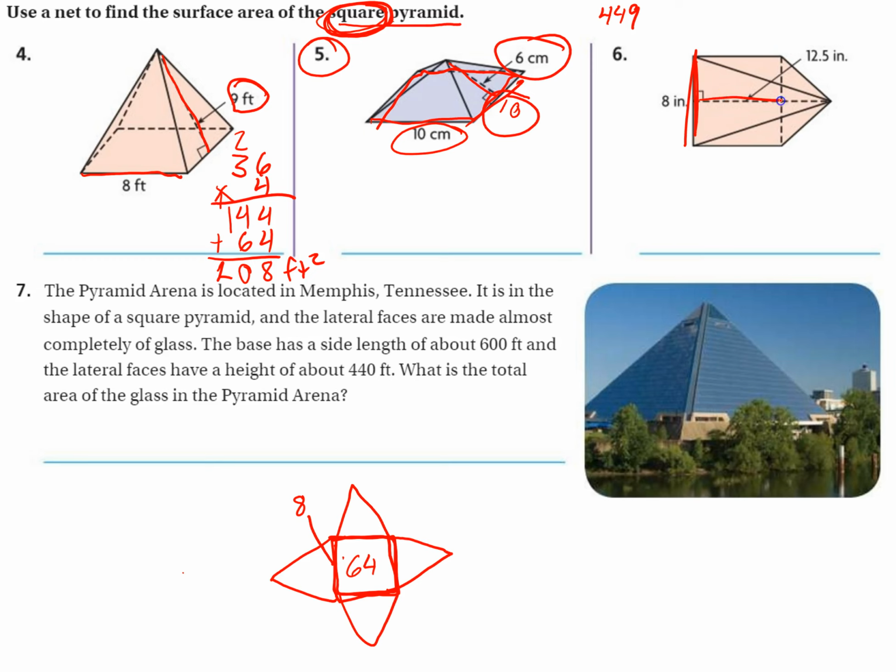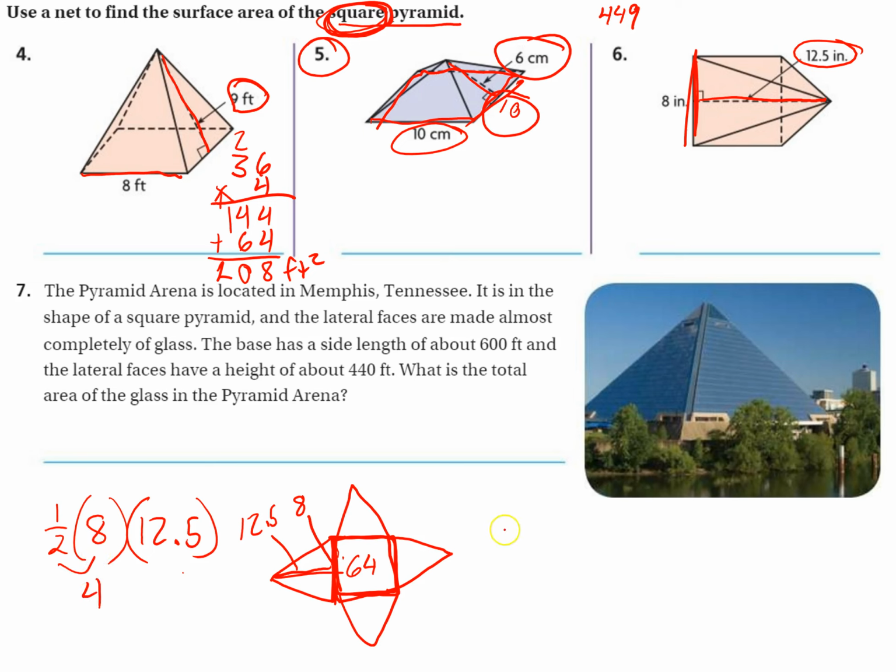And then the height of each triangle is 12.5. And the formula for the area of a triangle, 1/2 times the base, which was 8, times the height, 12.5. 1/2 of 8 is 4.